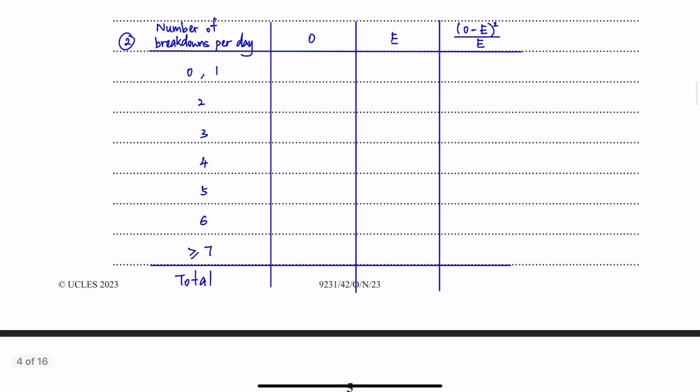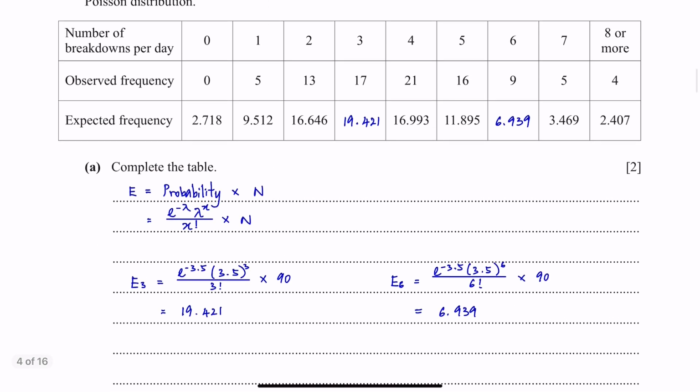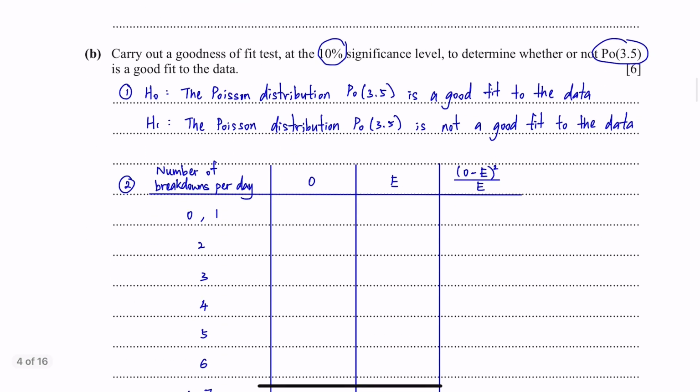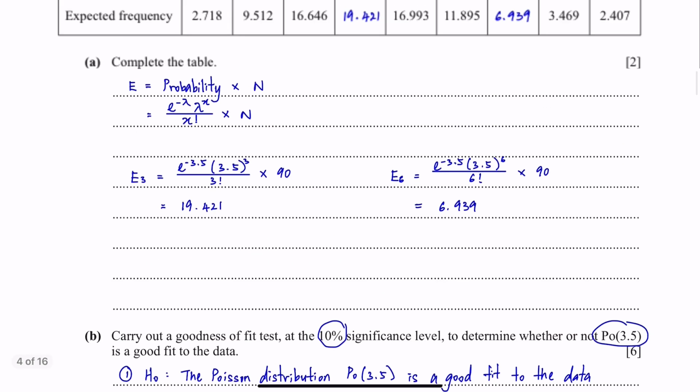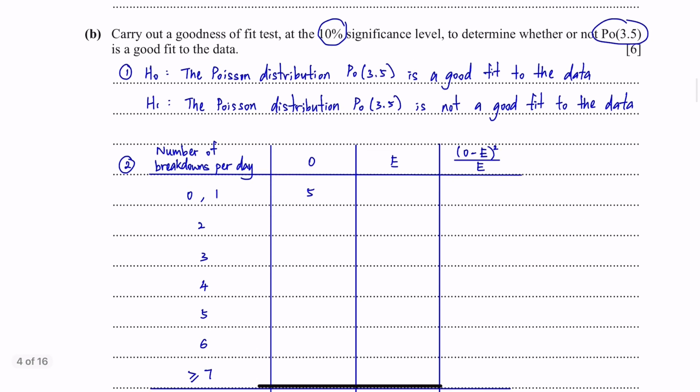Okay, so now we can copy the data into this table. So for 0 and 1, the observed frequency would be 5, and the expected frequency would be 2.718 plus 9.512. So this would give us 12.23.